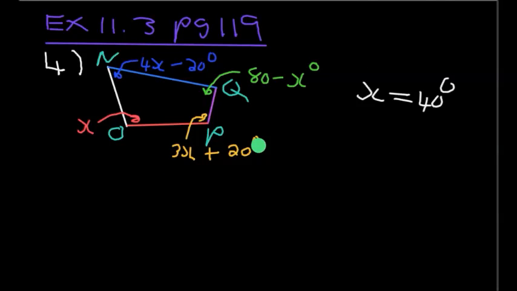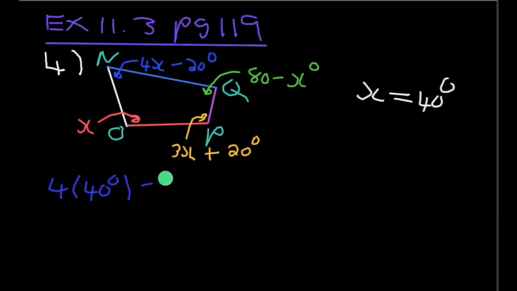So now that we have calculated that angle x equals 40 degrees, we can calculate each of these angles. So first of all, let's look at the blue angle. So we have 4, but in the place of the x we now have 40 degrees. So we can multiply by 40 degrees.